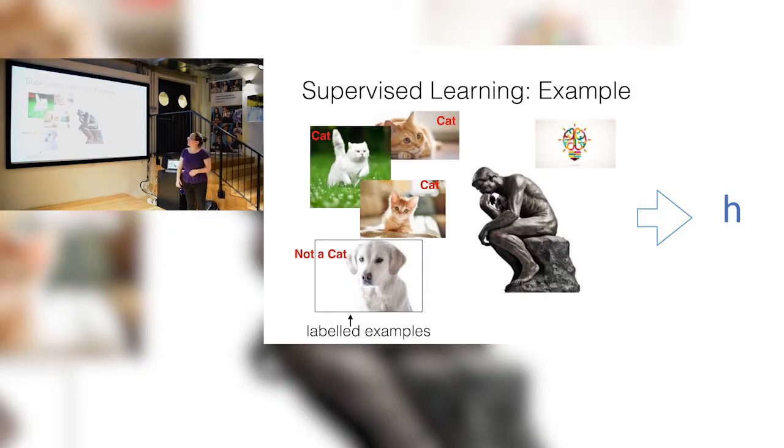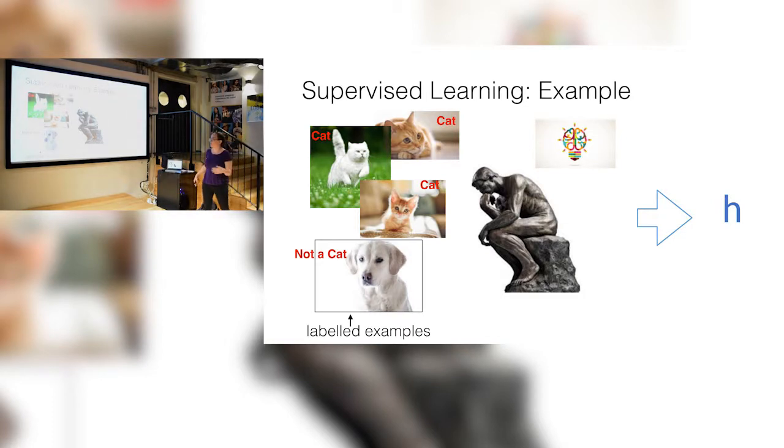Okay, so supervised learning. What do we do in this framework? We have a lot of labeled examples, and we want to answer some questions. For example, let's say that we want to get an image and say whether there is a cute cat or not, because we want to know whether to send it in an email to a friend.